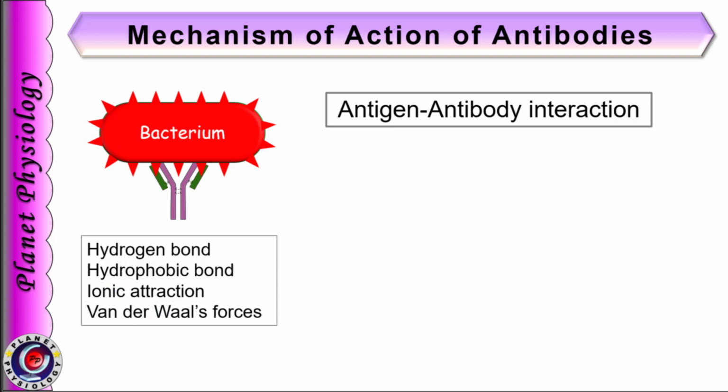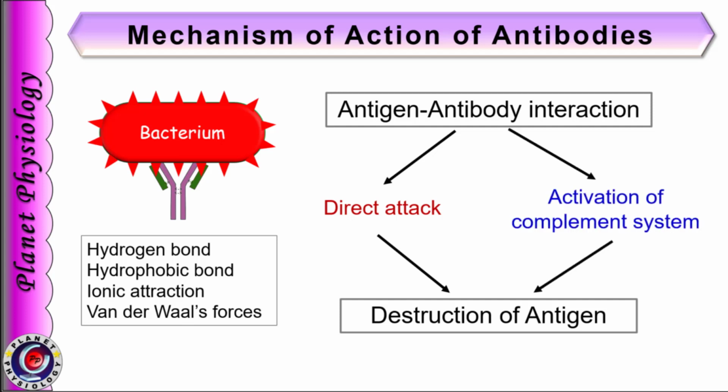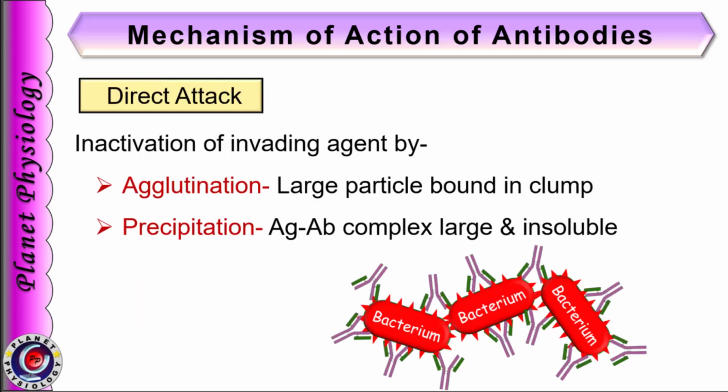Once antibodies attach to the antigens, they either directly attack and destroy the antigens or they activate complement system, which in turn destroys the antigens. Let us study the various ways by which antibodies can directly act against pathogens.